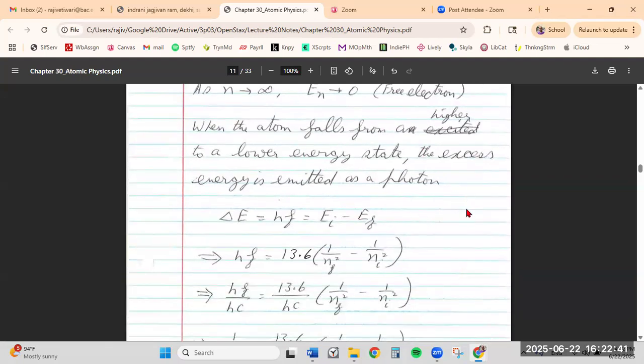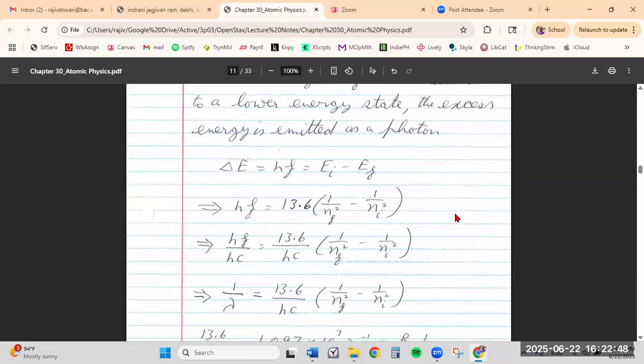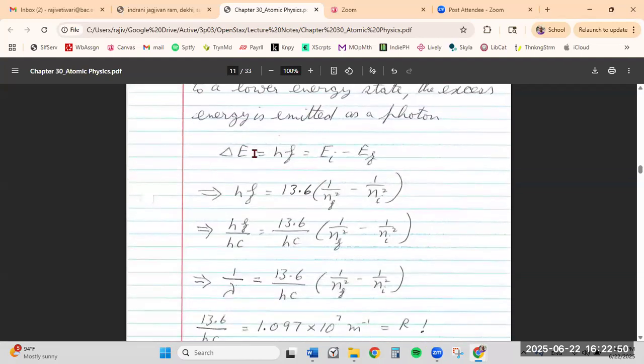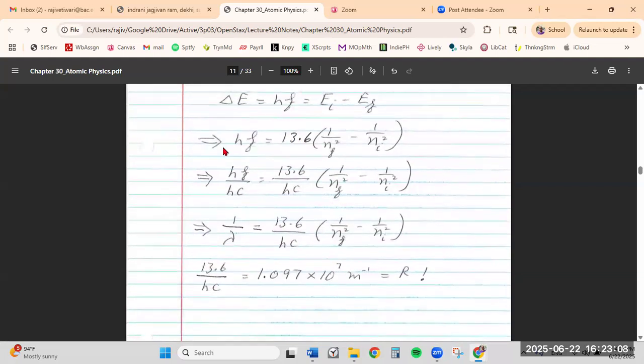When the atom falls from a higher to a lower energy state, the excess energy is emitted as a photon. If the difference in the initial and the final states is delta E, then a photon of frequency f, given by this equation, will be emitted. So hf would be equal to 13.6.